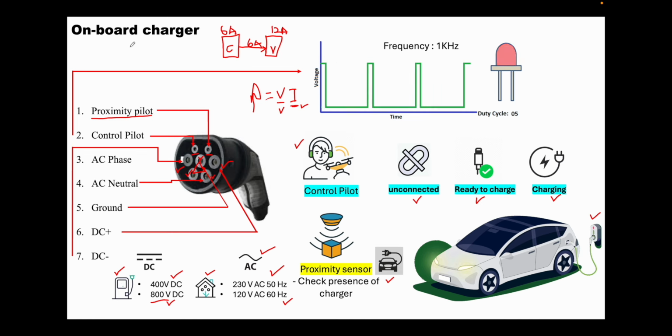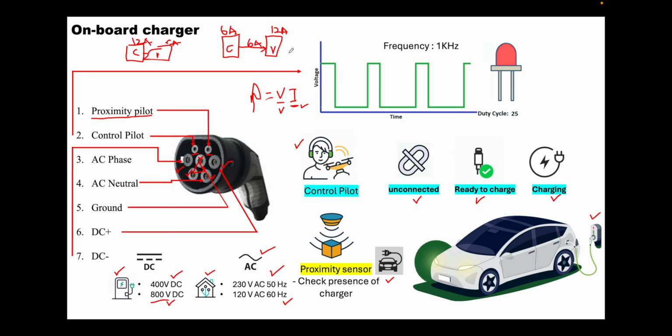Coming to another case, suppose your charger is offering 12 amps of charging, but your electric vehicle is able to take 6 amps, then in this case also there will be 6 amps of current flowing in the charging process. So basically the minimum of both current carrying capacities is determined, and then the charging process is started.